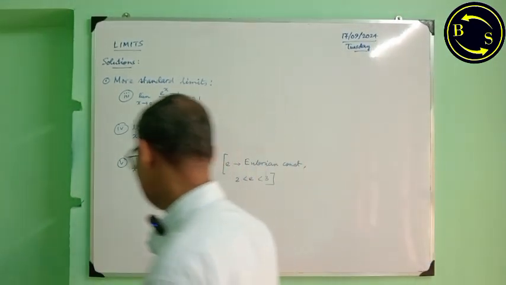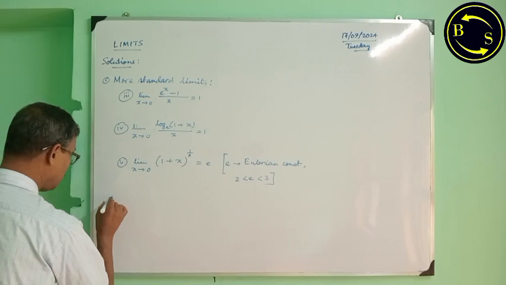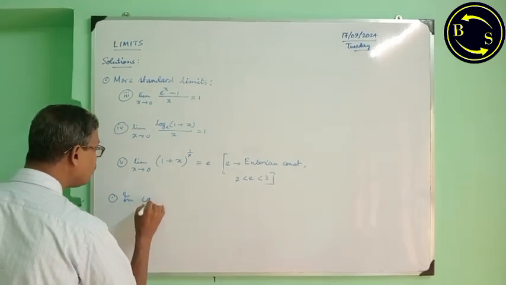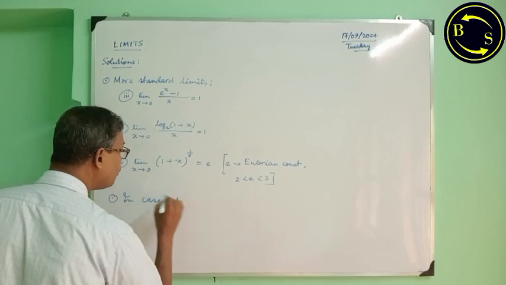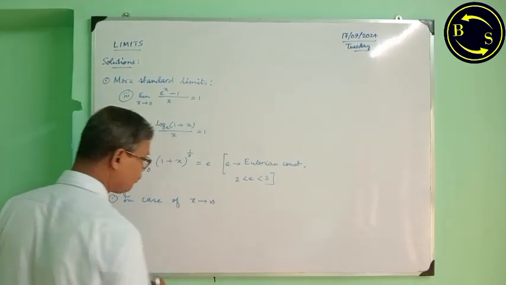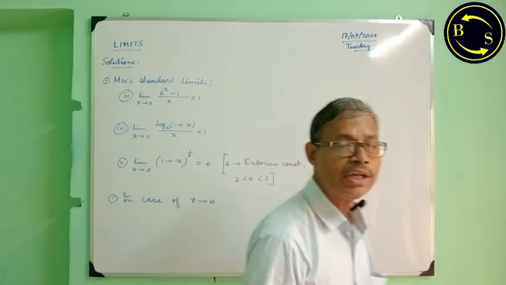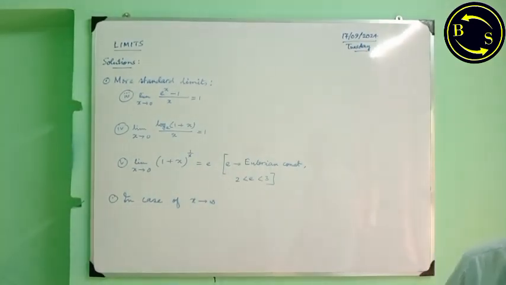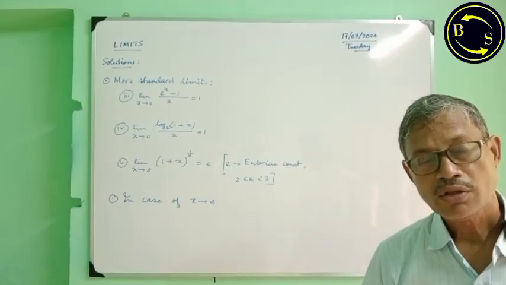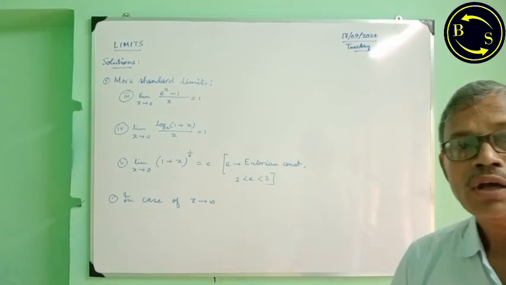Next thing, one most important thing, in case of x tends to infinity, you will get limits where the independent variable tends to infinity. What do we do?